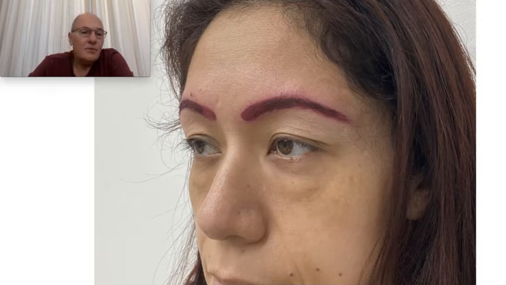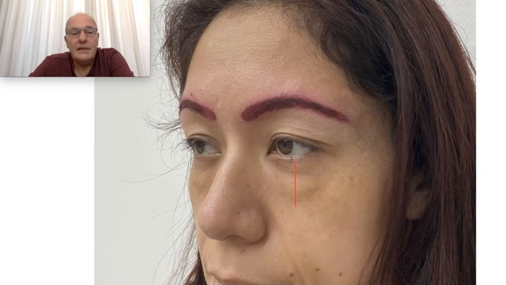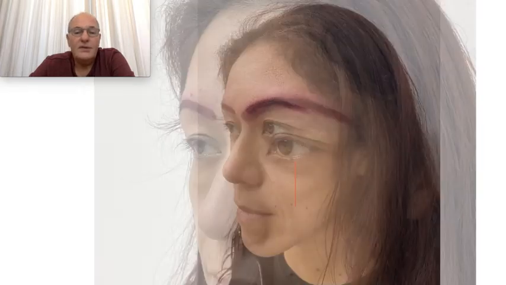This patient came to my country from Mexico. She accompanied her brother, who was going to have a lower eyelid and upper eyelid procedure. Here we can see the distance of the lower eyelid and the absence of the cheek.